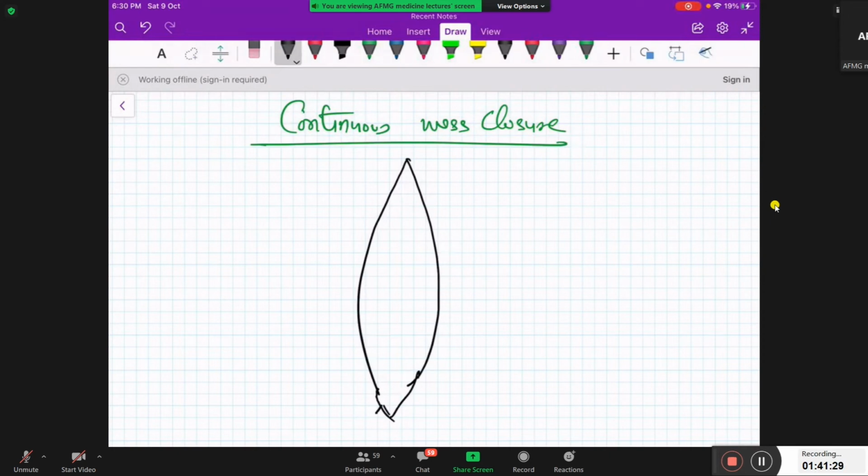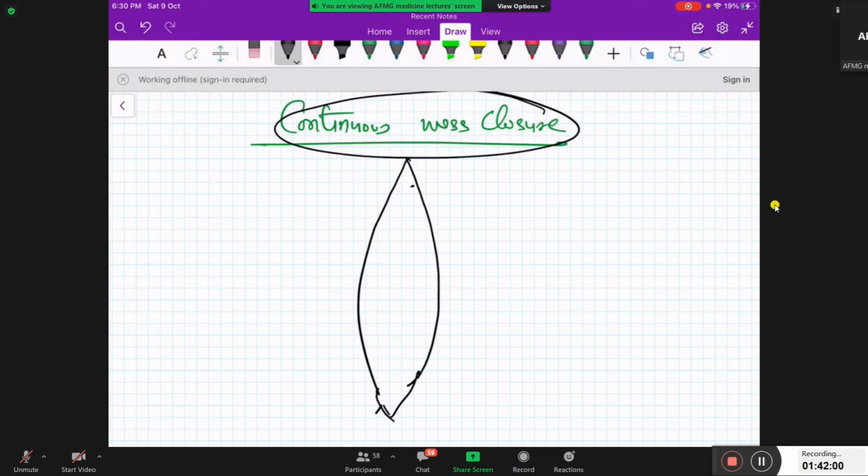Instead of closing it in layers, we do a continuous mass closure. What we do here is insert a needle from the subcutaneous plane, beneath the skin, from out to in. And instead of coming out just at the subcutaneous layer, we go deep down to the peritoneum. So you are inside now.